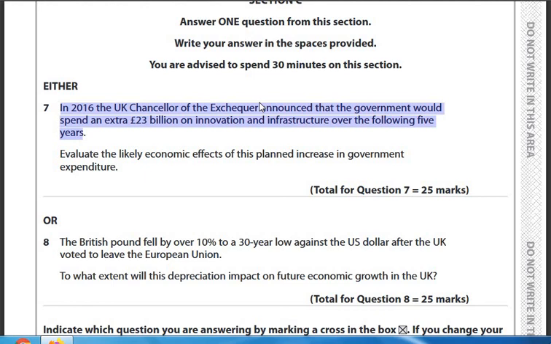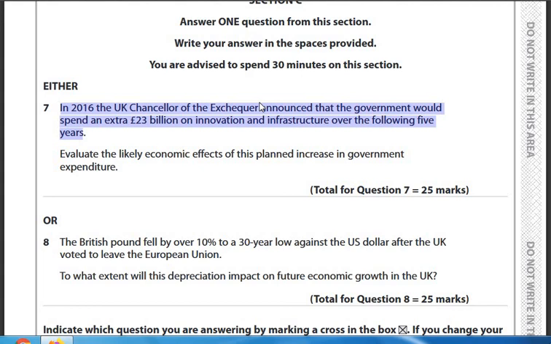So it's about government spending on infrastructure. So evaluate the likely economic effects. I'm just basically going to come up with 3 benefits of government spending on infrastructure. So after each benefit, I'm going to evaluate that benefit and say why that benefit might not arise or what it might depend on.